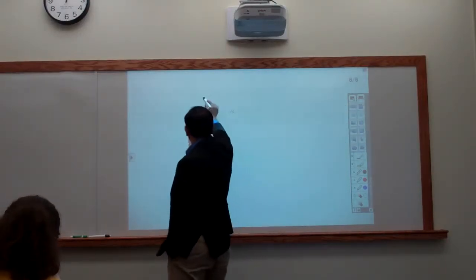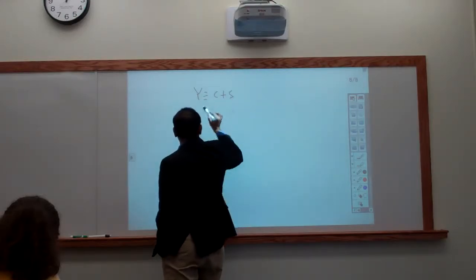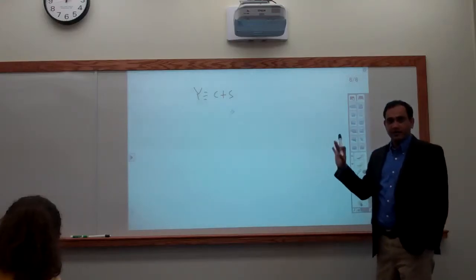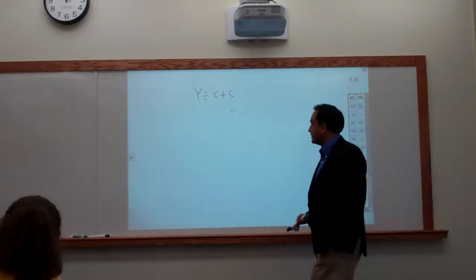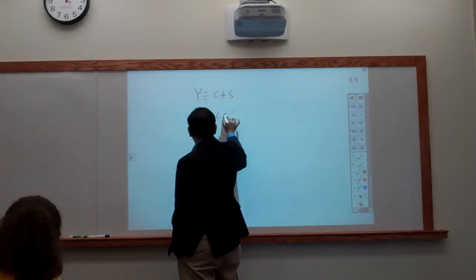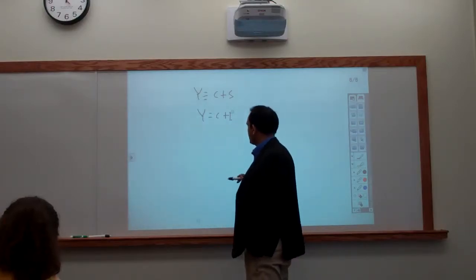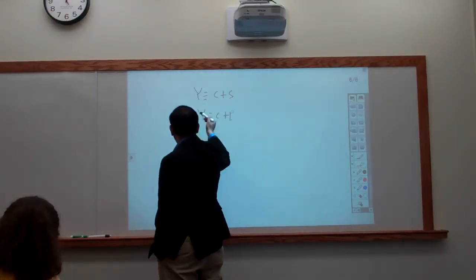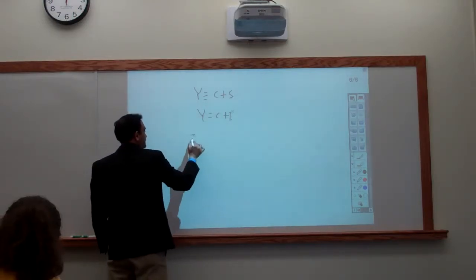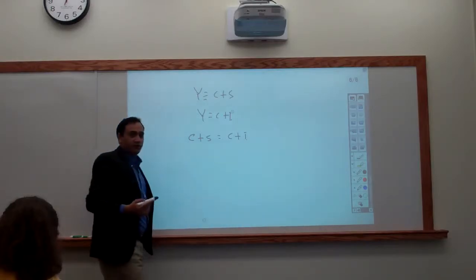So we know income is always equal to consumption plus saving in a two-sector model. Always true, by definition, in this two-sector economy. And in equilibrium, we know y equals c plus I. Only in equilibrium is this true. So in equilibrium, I can substitute c plus s for y. So I get c plus s equals c plus I. This is still your equilibrium condition.